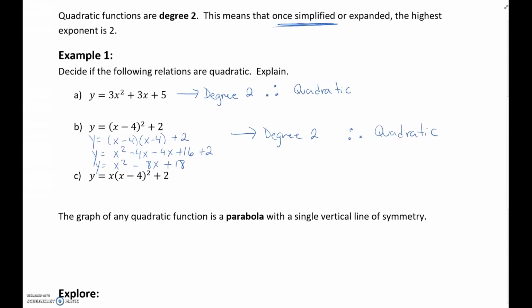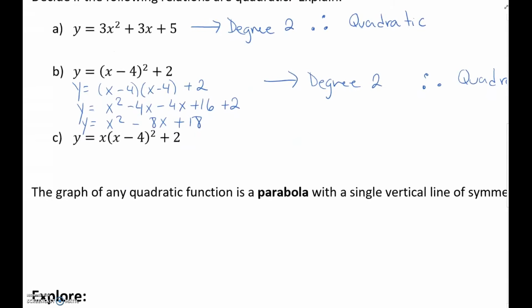Our last one, C here. Same idea. So we've already done the multiplication there, the FOILing out, but you've got an extra x in front of that. And you could probably anticipate, well, if I multiply through by an extra x, that means you add the extra exponent. So let's have a look at that. X, we've already done the FOIL, so that was this piece here in this previous function.